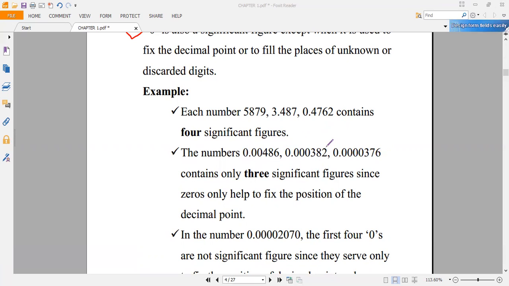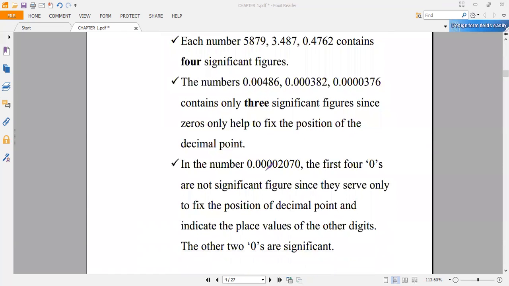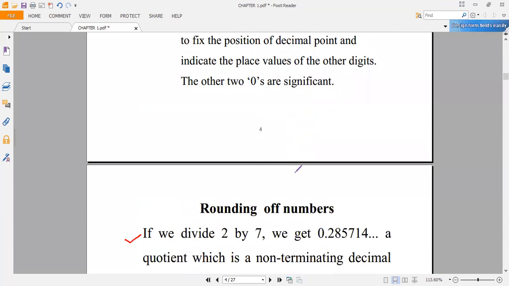The zeros are used to fix the place of the decimal. In the number here, the first four zeros are not significant figures, but the other two zeros are significant figures.